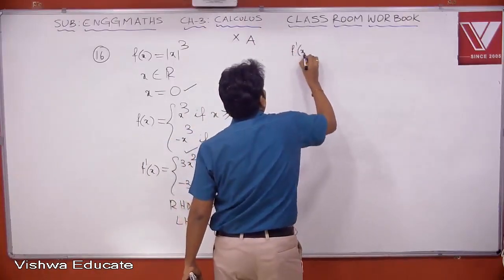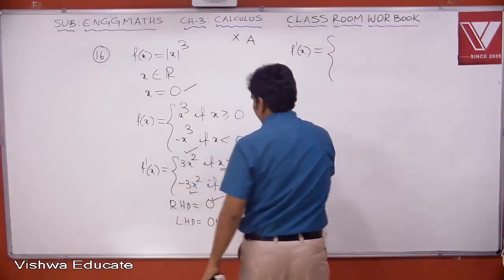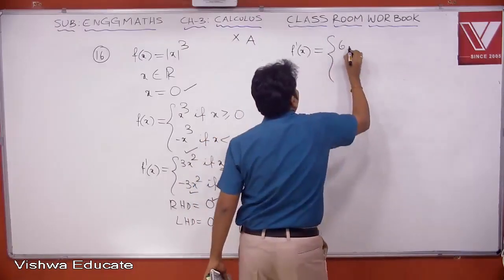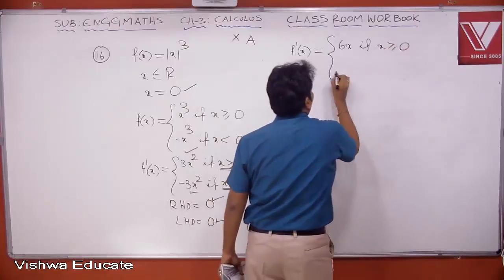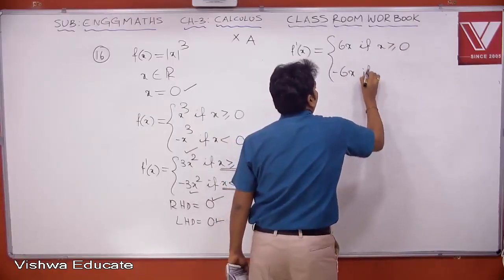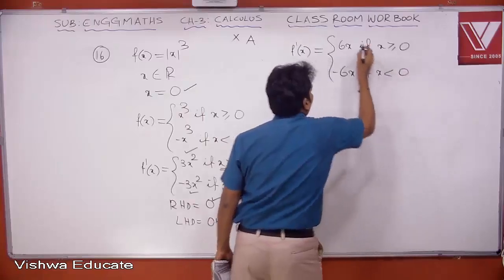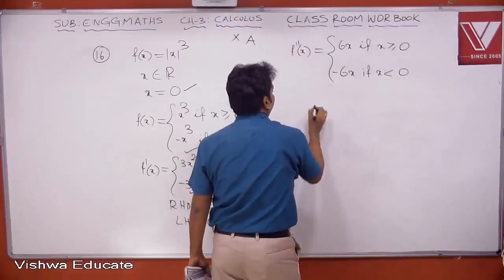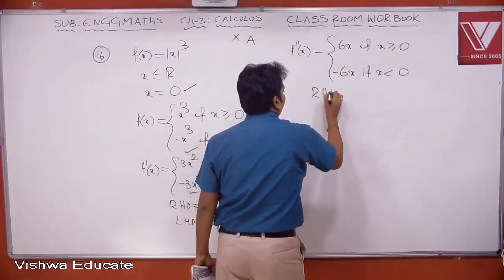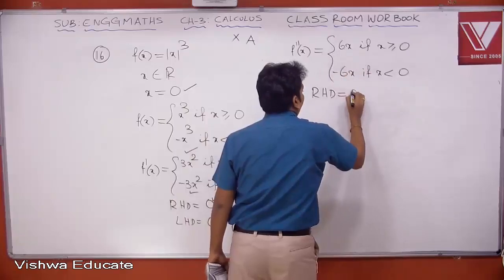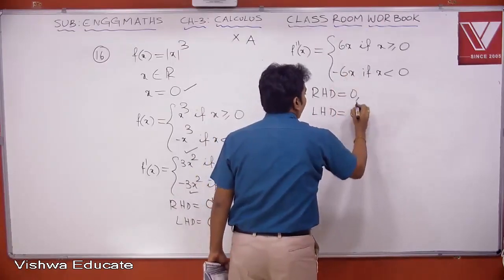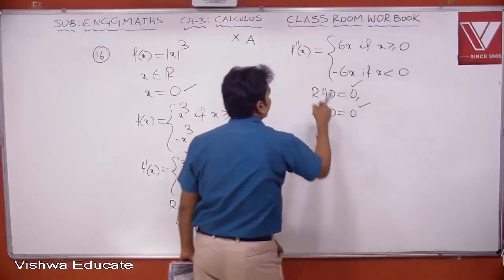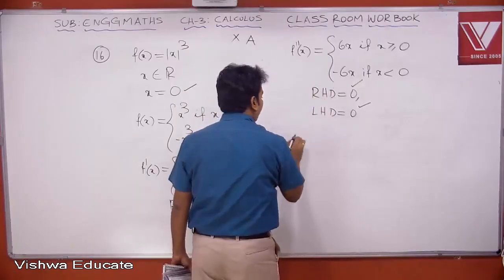Here f double dash of x equals the derivative of this: 6x if x is greater than or equal to 0, minus 6x if x is less than 0. RHD equals 6 into 0, LHD equals minus 6 into 0, both 0. Both are finite numbers and equal, so it is differentiable two times also.